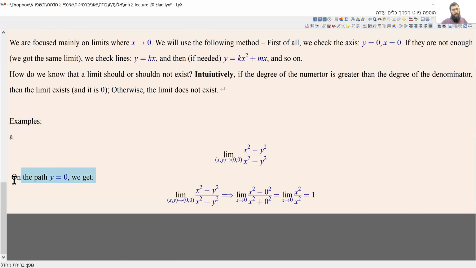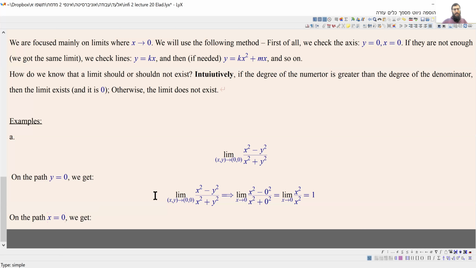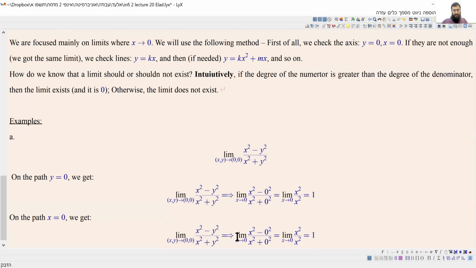On the other hand, what do we get on the y-axis when x is 0 and y is left to go there on its own?